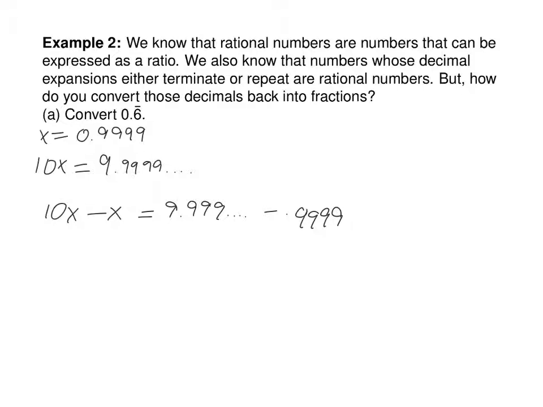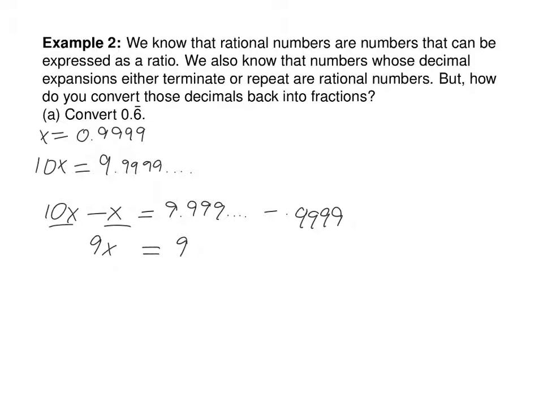And what happens when you do the subtraction on the right-hand side? You just get 9. What do you get on the left-hand side? 9x. If you have 10 x's and I take away one of your x's, I steal it, you now have 9 x's.